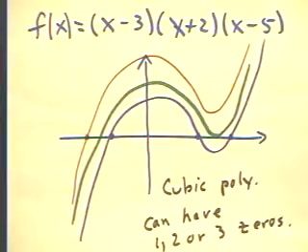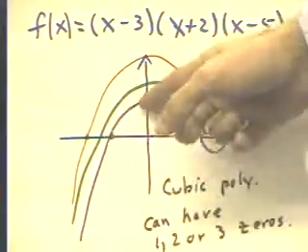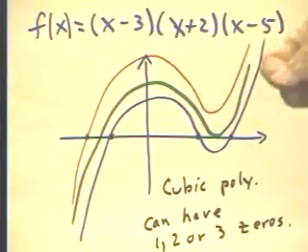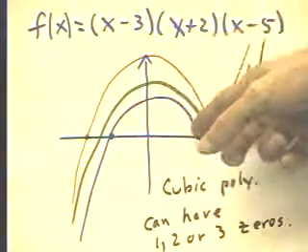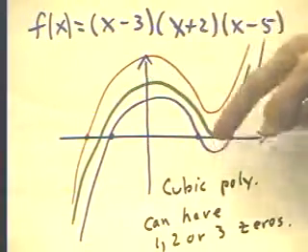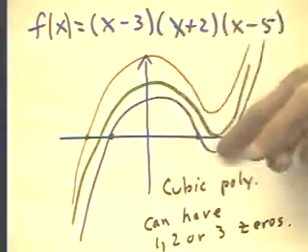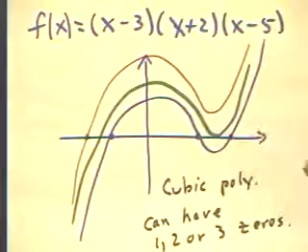Another thing we can note is that if we have three zeros, the graph is going to have a turning point. It's going to turn here, it's going to be coming up, increasing, now it's decreasing, and then another turning point where it's increasing again. So we have two turning points. And of course, if we have two turning points, then we can get a graph of this shape, and we can probably get three zeros out of it.